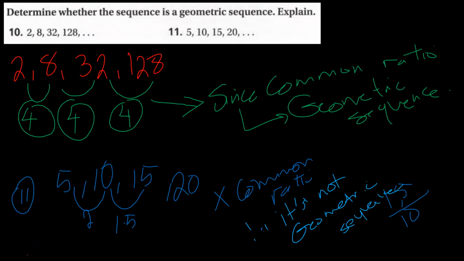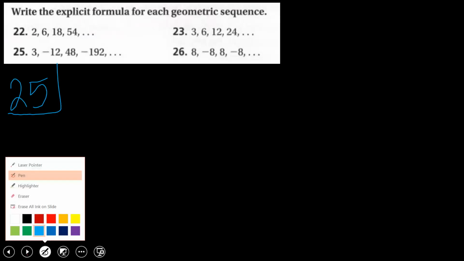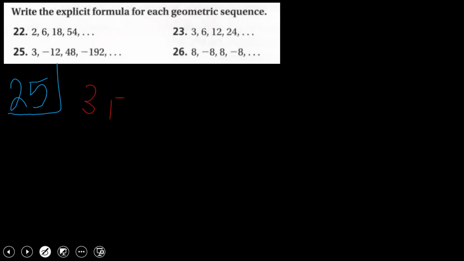Okay. Let's go now to number 22. In number 22, he asked me to write an explicit formula for each geometric sequence. I want you now to solve number 25 and number 26. In number 25, as you see, you have 3, negative 12, 48, negative 192, and so on.